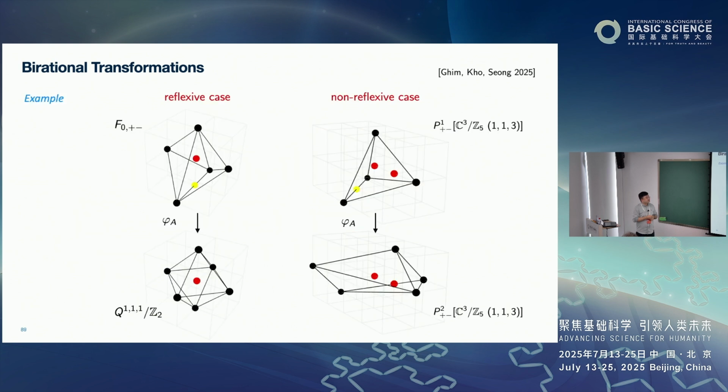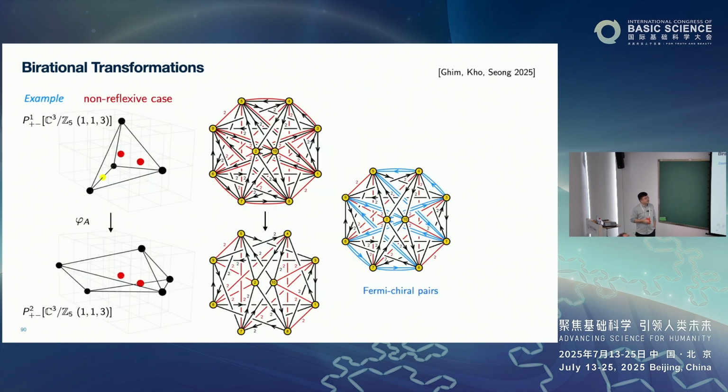So yes, the last point was that in our work we also looked at cases that are non-reflexive. So these are toric Calabi-Yau 4-folds with toric diagrams that have 2 internal points. They are not toric Fano, but still I can try to identify the corresponding 2D (0,2) theories.